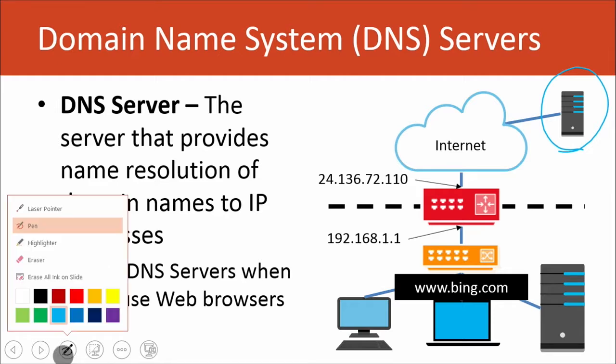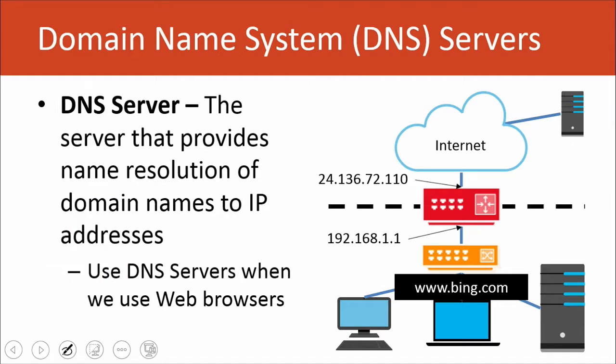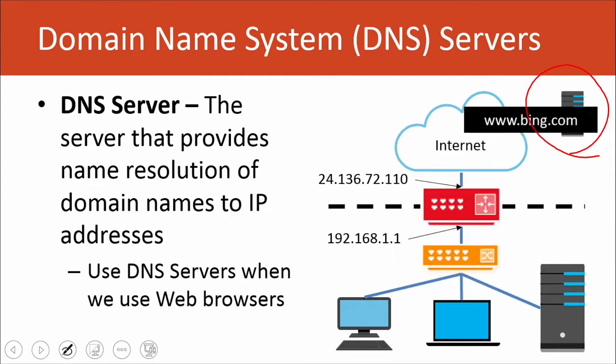And so let me actually erase the ink, because I think my animation is going to cause me troubles and make me back up with what I just said here. But let's now pretend that that's not the Bing server, but it's actually a Domain Name System server, a DNS server. And so what's going to happen is we're going to type in bing.com into our browser, and then that information is going to be relayed to the DNS server.